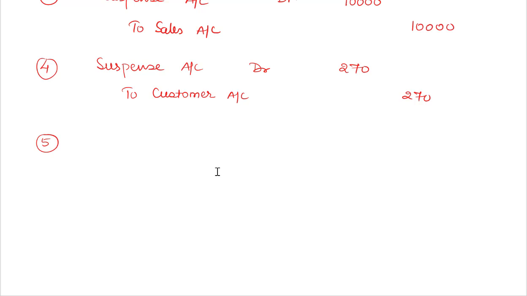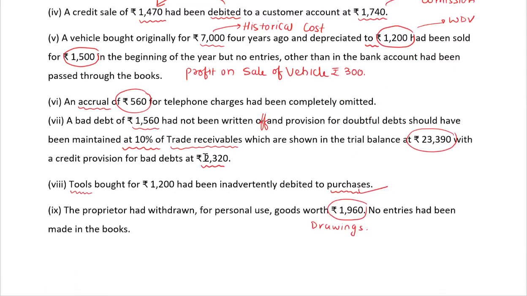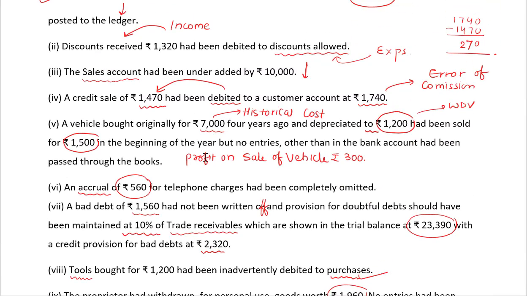Let's see the fifth one now. A vehicle bought originally at 7,000 4 years ago and depreciated to 1200 had been sold for 1500. So there is a profit of 300. Okay, in the beginning of the year, but no entries other than in the bank account had been passed. So bank account is debited, but vehicle account is not credited, and profit on sale of vehicle is not credited. So we will credit it now.